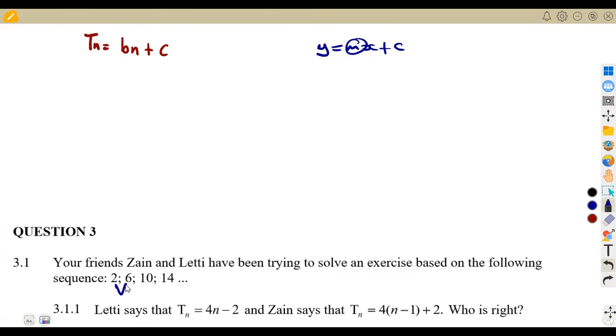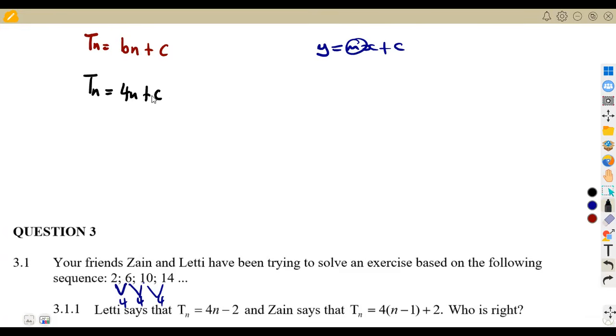Like here, the difference from term 1 to term 2, 6 minus 2, is a 4. Here there's a difference of 10 minus 6, that's a 4. As you can see, there's a difference of 4 throughout. That is this b here. It represents the common difference. Like I said, if you reach grade 12, we shall use a different formula, but it's the same thing. So this b is 4, so it's going to be 4n plus c.